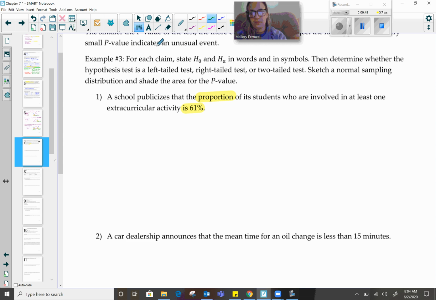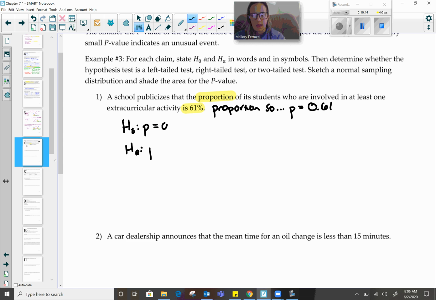So it's a proportion, so it's p and it's equal to 61% or 0.61. We already kind of went through these. That would be a null hypothesis because it has an equal to.